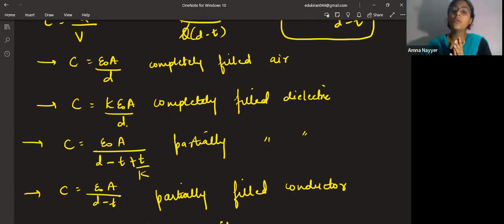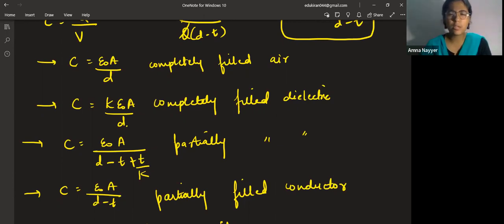All right. Now, if a dielectric slab is not completely filling it, it is partially filling it. It means some spaces are left above and below the dielectric slab. So in that case, if let's say the thickness of the dielectric slab is some t, what will be the formula for it? Epsilon naught A divided by d minus t plus t by K, right?